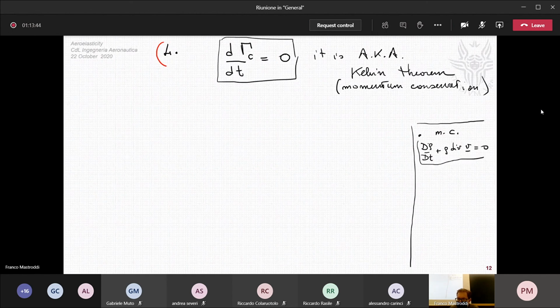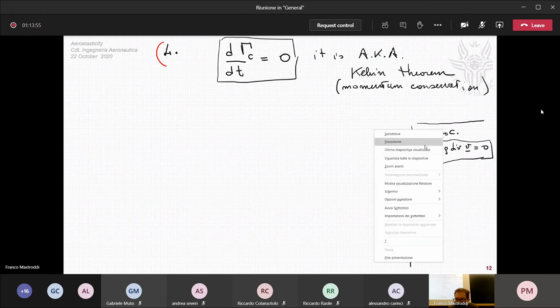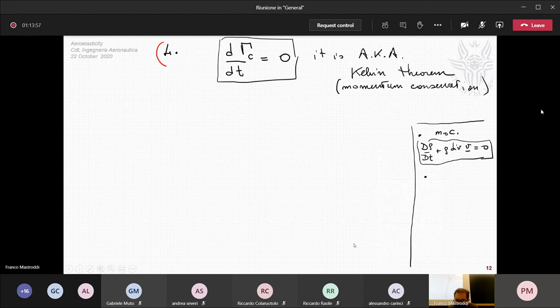This is the first one. The second one is the momentum equation, also known as Cauchy momentum. In Italian, momentum is quantità di moto, non è il momento.